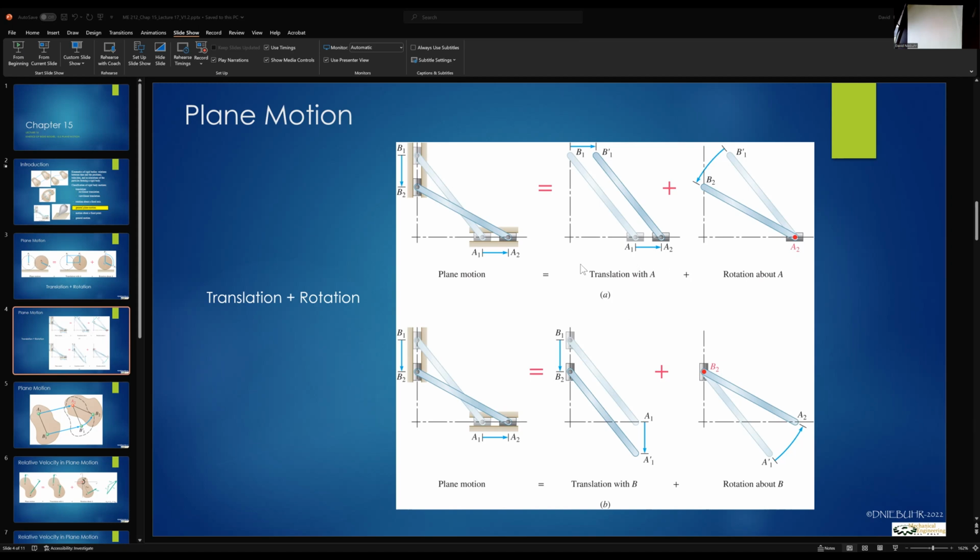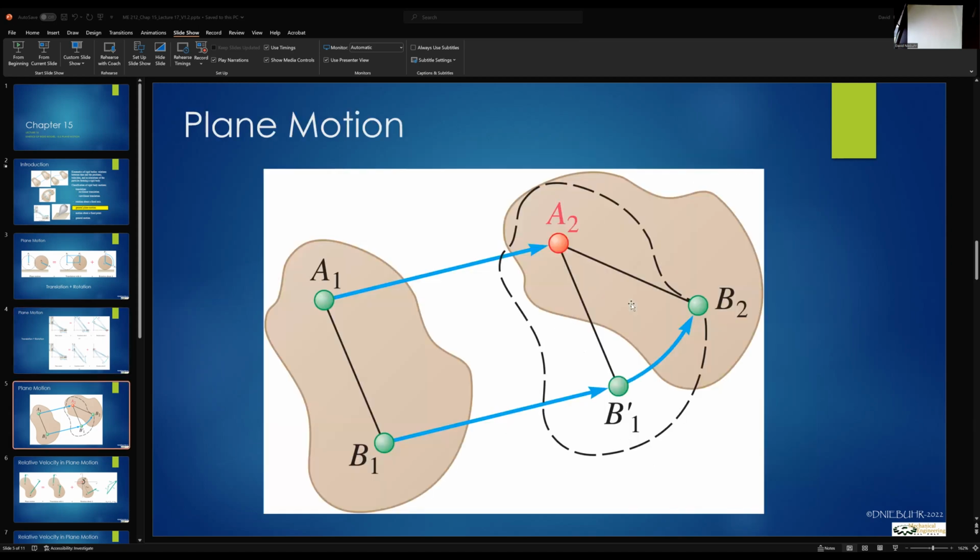And as we go through some examples, you'll see there's a certain method to this. On all these problems, you start with what you know and work your way through the problem to the unknowns. This is just an example of showing how this blob has both translated and rotated.